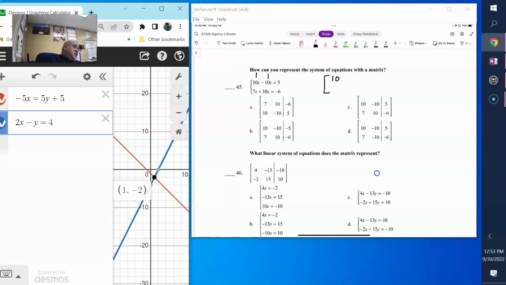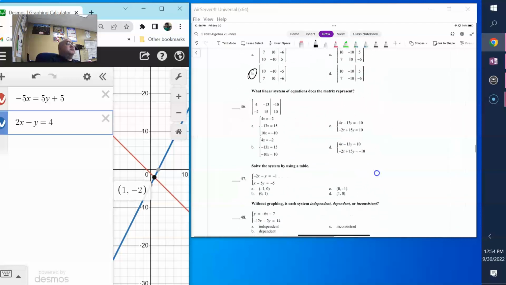The coefficients are 10, -10, the equals line, and then -5, and then you close the bracket. Then 7, 10, -6. So the answer is B. That's 45. That's a matrix.